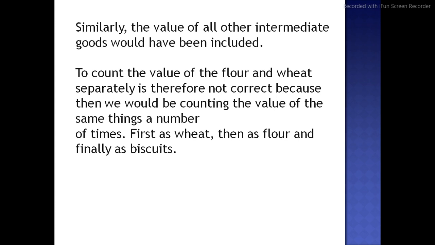Similarly, the value of all the intermediate goods would have been included. To count the value of the flour and the wheat separately is not correct, because then we would be counting the value of the same thing a number of times: first as wheat, then as flour, and finally as biscuit.